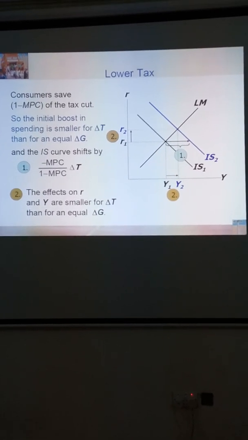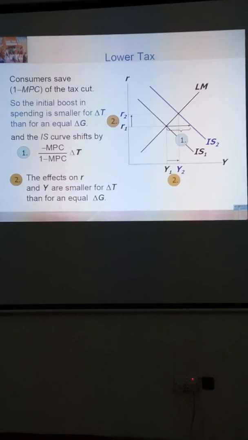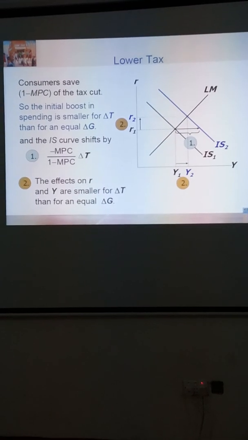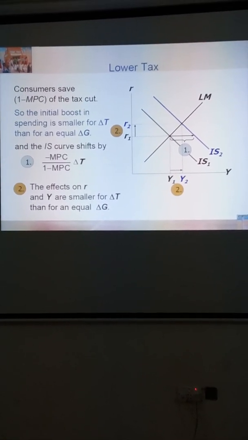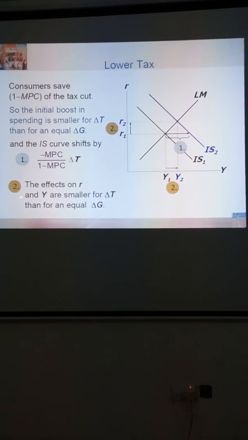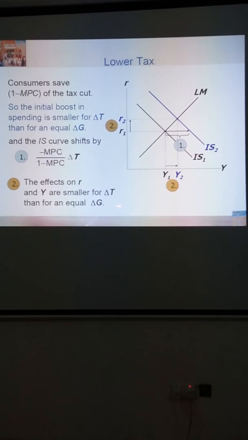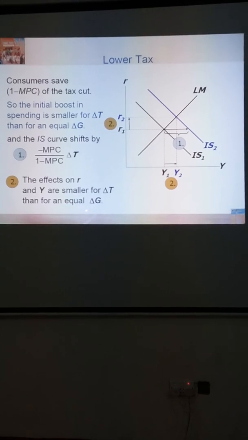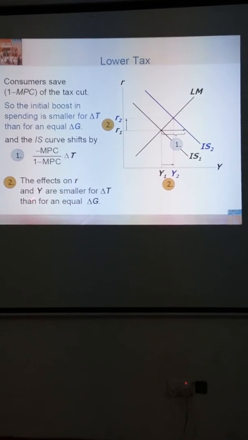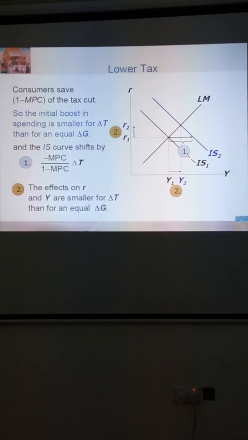And we know that the tax multiplier is less than the spending multiplier. So the effects on interest rate and Y are smaller for a change in T than for an equal change in G, and that is what we can see here.